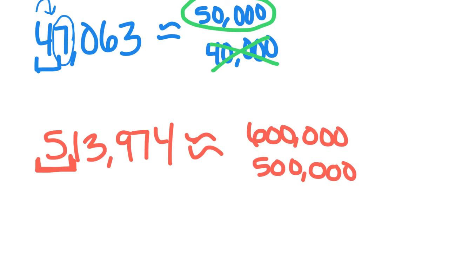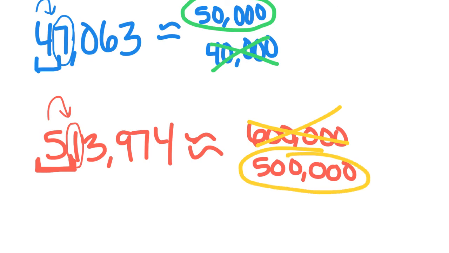So I can use my shortcut strategy. I can look next door at the digit next to my 100,000s place. And it's a 1, which is definitely less than 5. It's less than halfway between the 500,000s and 600,000. So that tells me that I'm definitely going to have to be rounding down. So our answer would be 500,000. 513,974 is closer to 500,000.